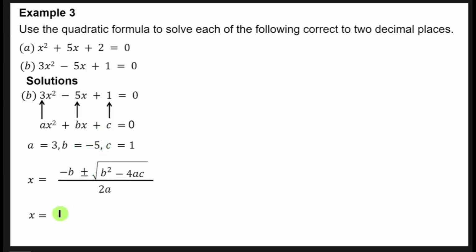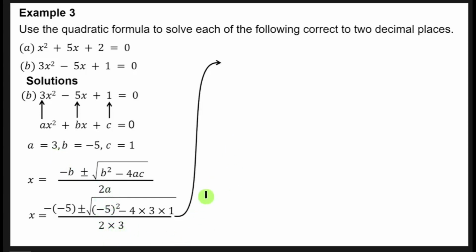So this negative will stay alone, and we'll have another -5 inside the brackets like this, then plus or negative square root, then here again we'll put -5 inside the bracket squared, minus 4 times A, which is 3, so we put 3 here, times C, which is 1, we put 1 there, over 2 times A, which is 3 here. All right, so 2 times A is 3 there.